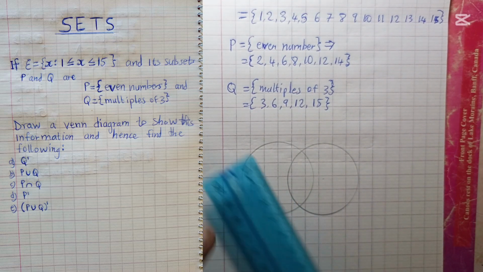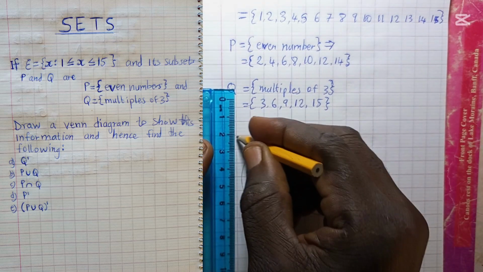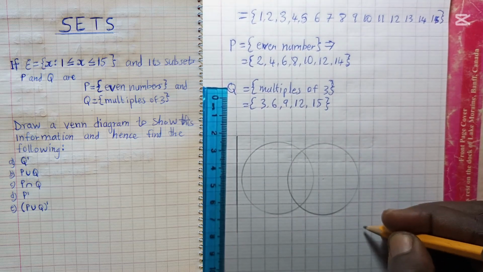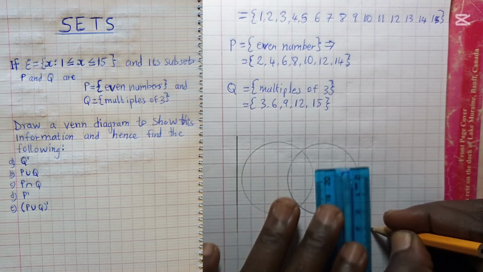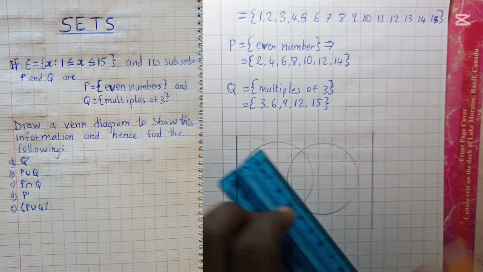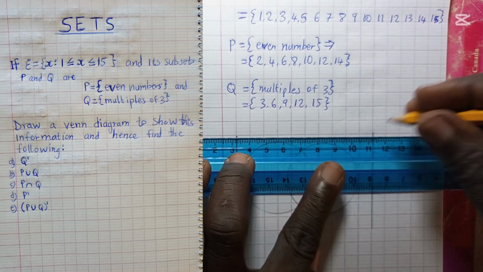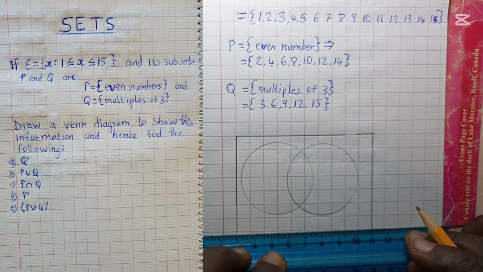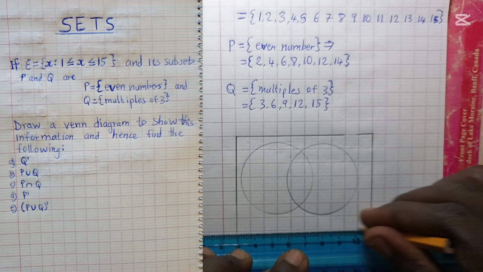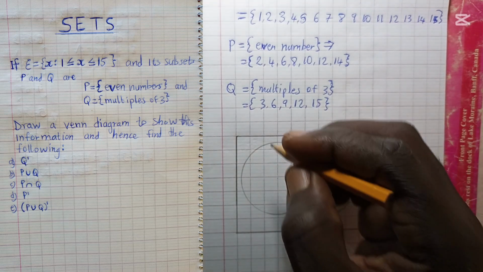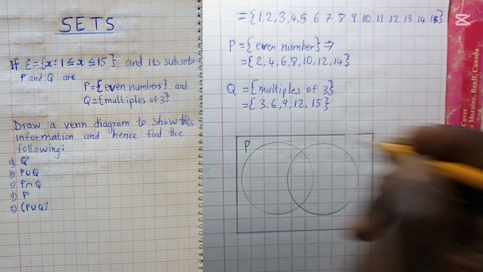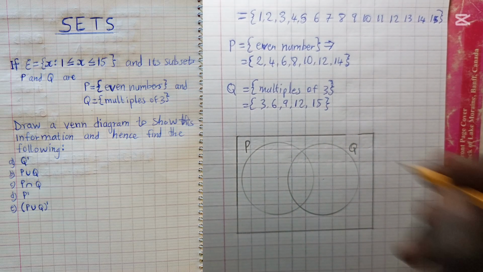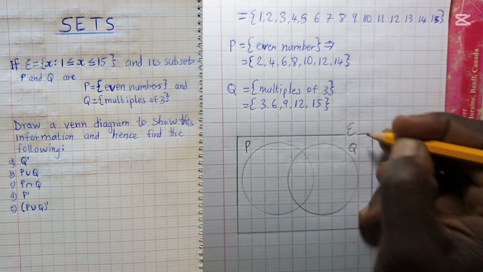Now, in set theory, we normally draw a rectangle to represent the universal set. This is to represent the universal set. Okay, let's say this is set P and this is set Q, and this is the symbol for the universal set.